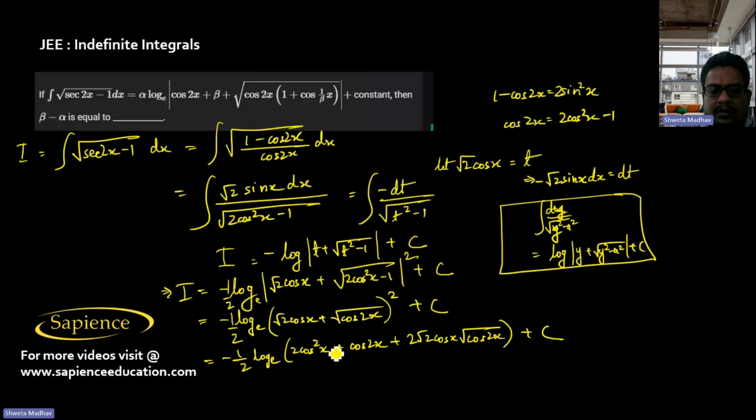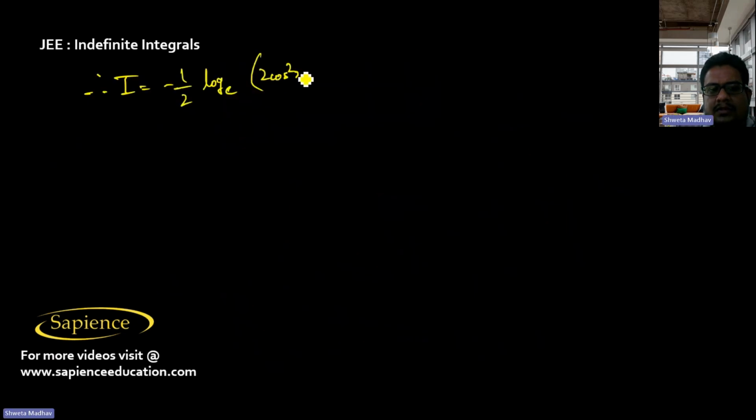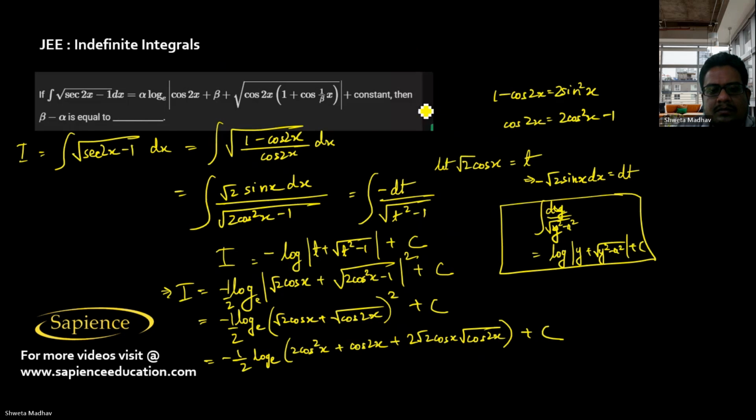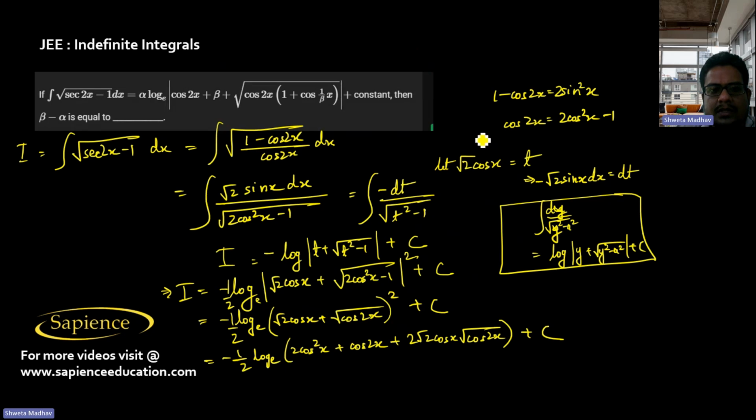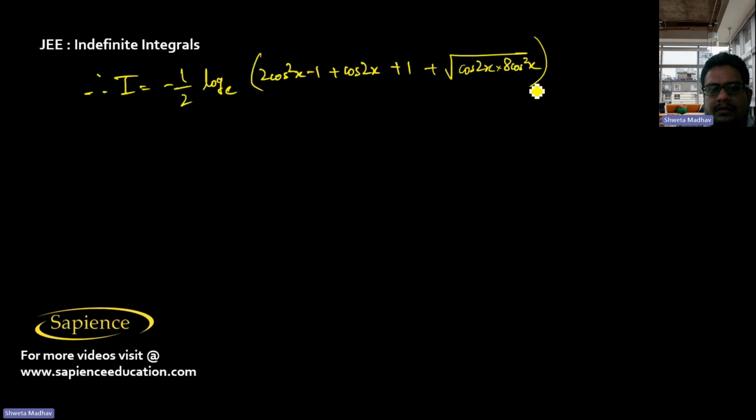Now the integral I can be written as minus half of log base e of 2 cos square x minus 1 plus cos 2x plus 1, plus root over cos 2x into 8 cos square x, plus c.